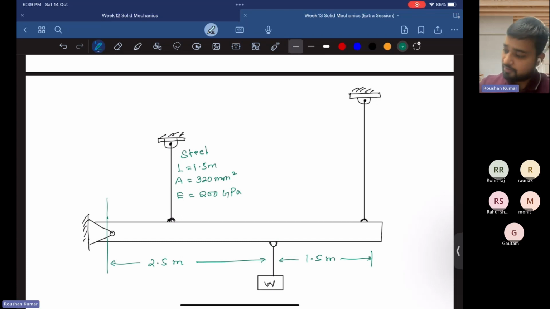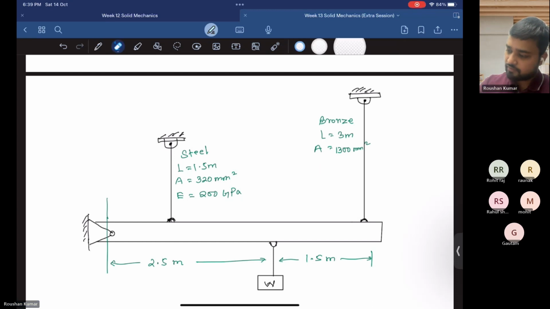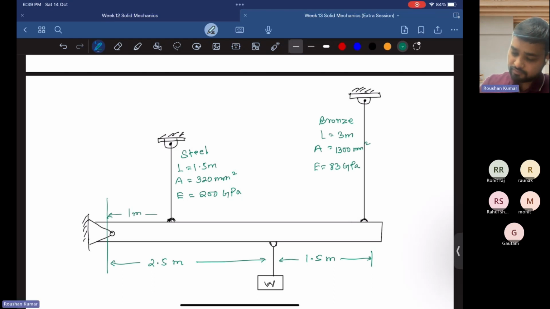Okay, this is a bar of bronze whose length is 3 meter. Area is 1300 mm², and E is 83, Young's modulus is 83 gigapascal. Okay, and this length is given as 1 meter. And here there is a weight W.